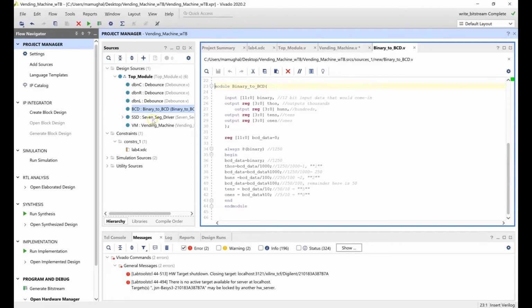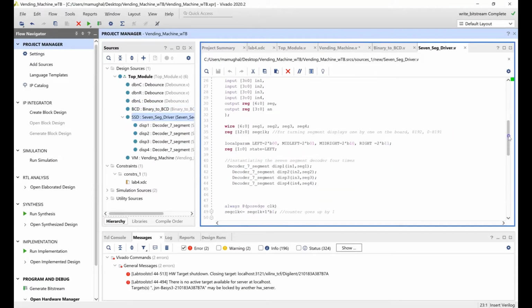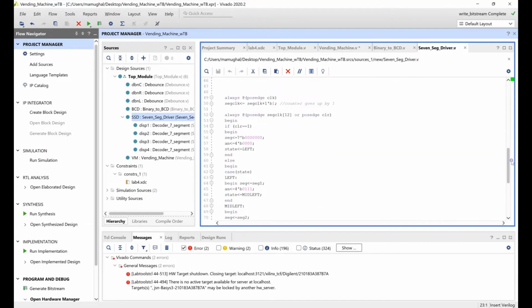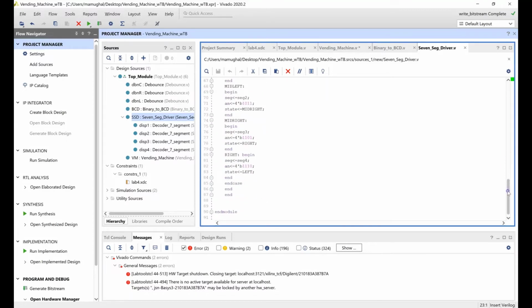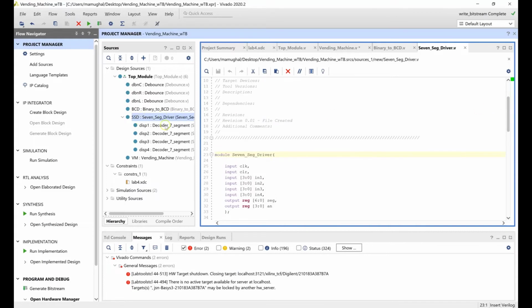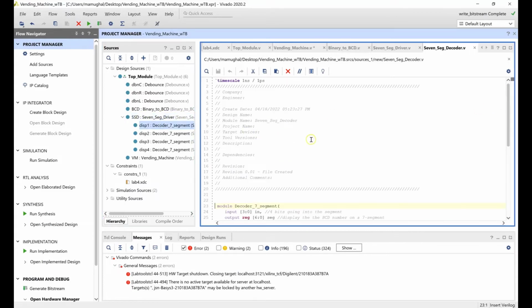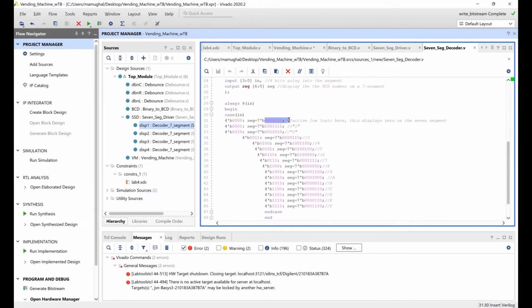Those are going to be displayed on the 7-segment. The 7-segment decoder right here is just basically rotating the screen, rotating the segment 1 by 1. There's actually a separate video that I've done on this. I'll leave the link in the description again. And then this is the 7-segment decoder. For every number, every BCD number, this is how these segments will work.